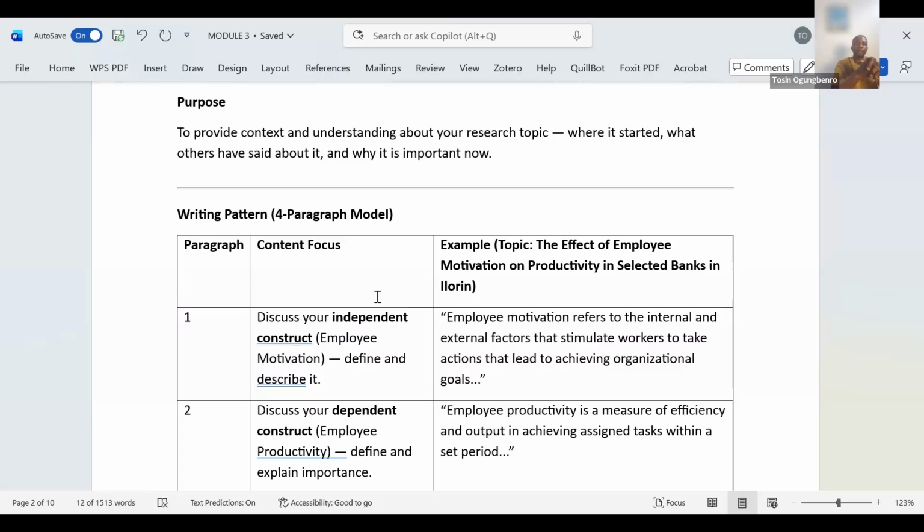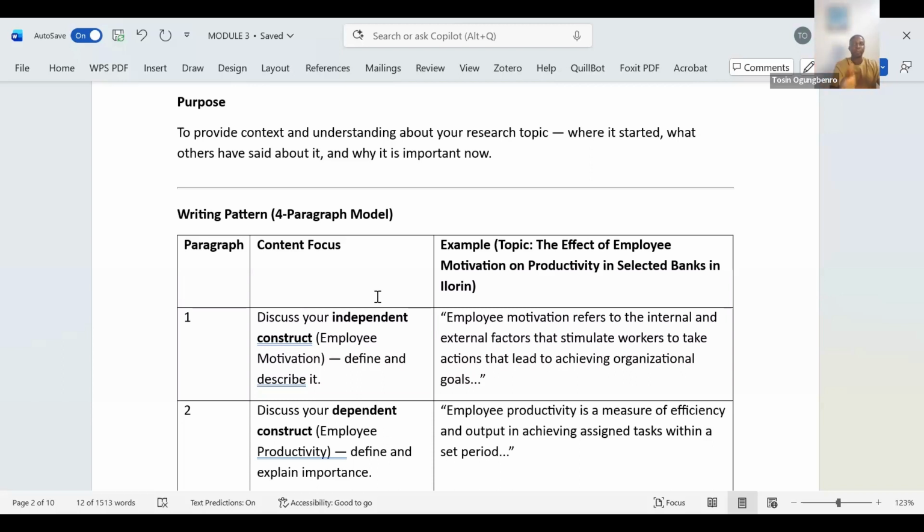So even if my context is Nigeria, they still want me to talk about some of the prevailing happenings in Africa, in West Africa, and then I talk about it in Nigeria. Those are the things that will make your background to the study bulky. For a PhD, the background to the study alone can be 5 pages.